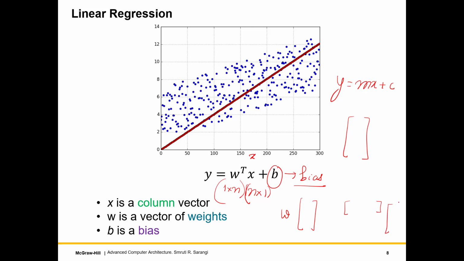When I multiply that with x, I'm multiplying this element with this element, this one with this one, this one with this one. So it is pretty much like taking two vectors and computing their dot product, right? This is an important thing to keep in mind at this stage, that we are actually computing the dot product.